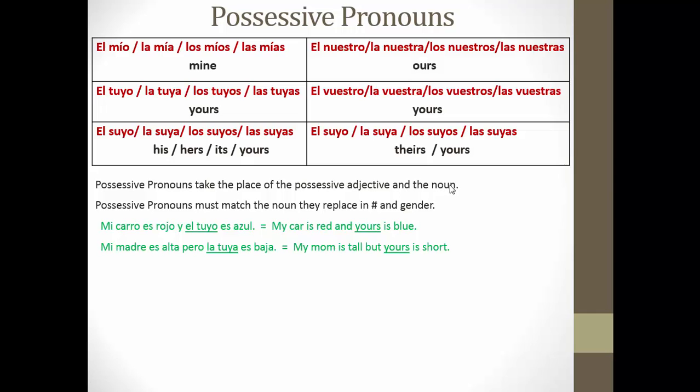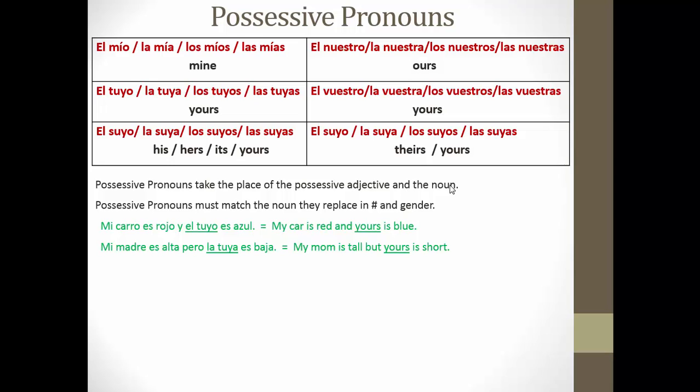So if I said, my backpack is red, but yours is blue, yours, that is the possessive pronoun. I could have repeated myself and said your backpack, but it was easier to just use a pronoun and say yours, because you knew I was talking about your backpack. The same thing we do in English there, making it easier, not being repetitive, that's done in Spanish as well.